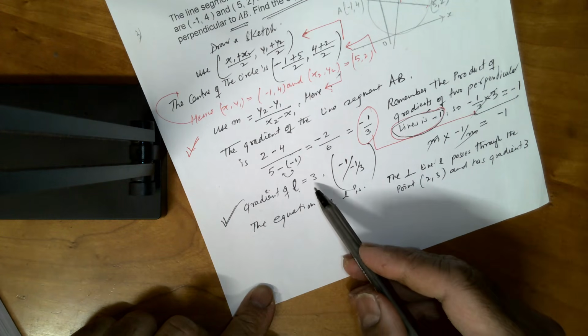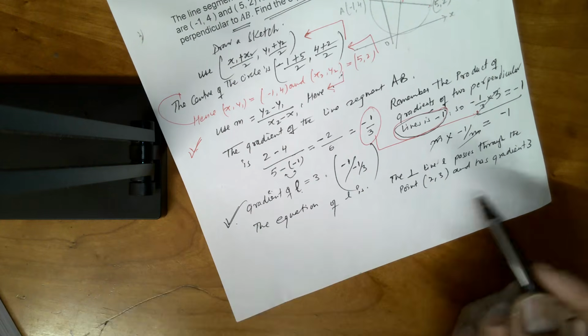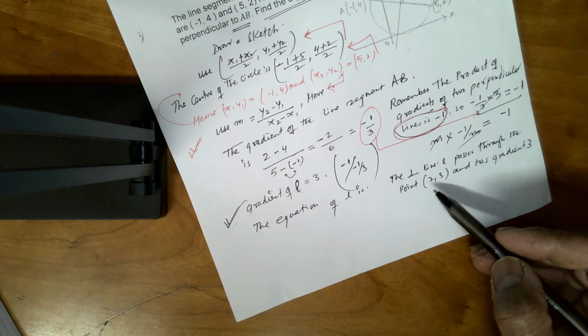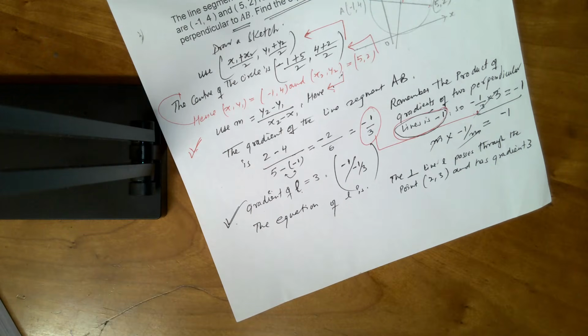So we got gradient 3 here as well, and then obviously the midpoint as well, we got it from here.